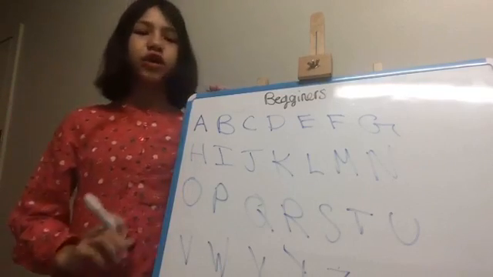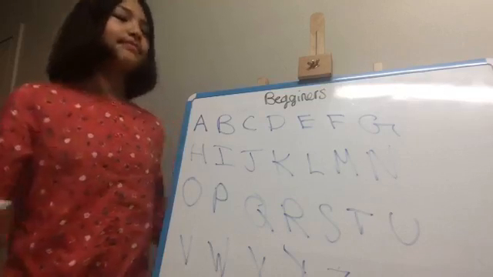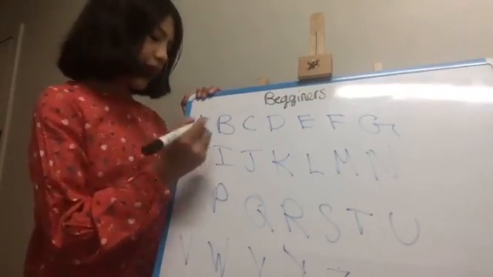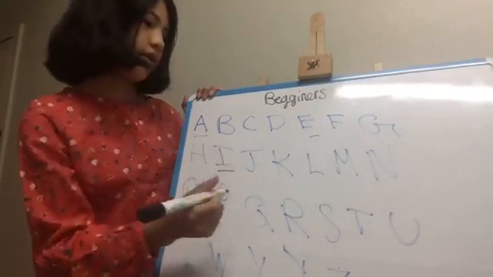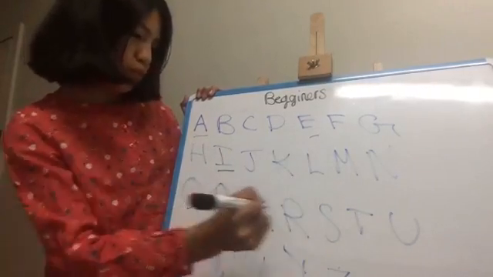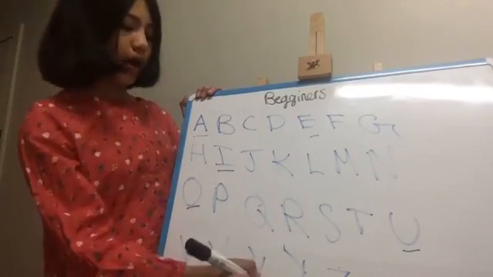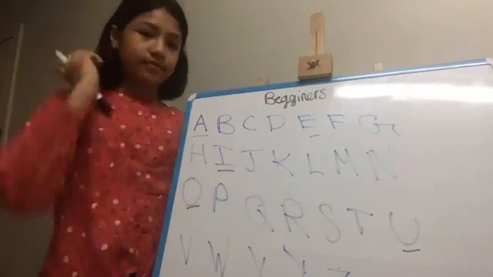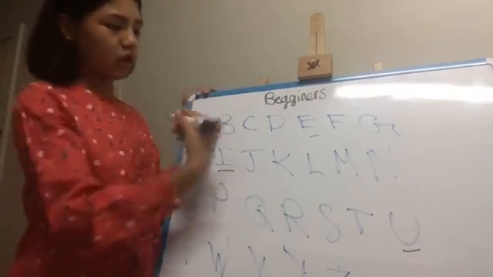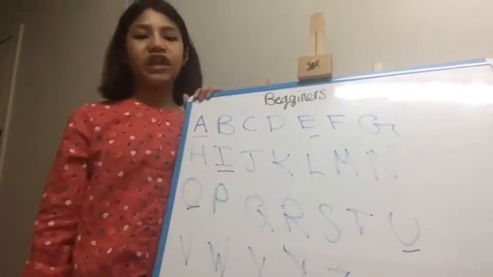Do you guys know what the vowels are? Correct. A, E, I, O, U, and Y. Well, sometimes Y. So, as you can see, A, E, I, O, U, and sometimes Y are the vowels.